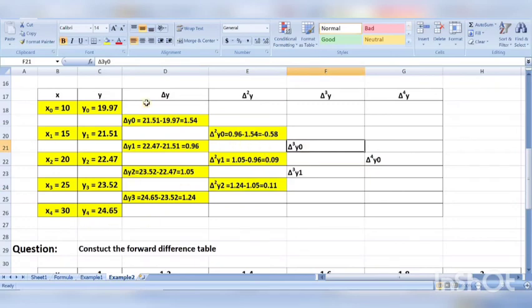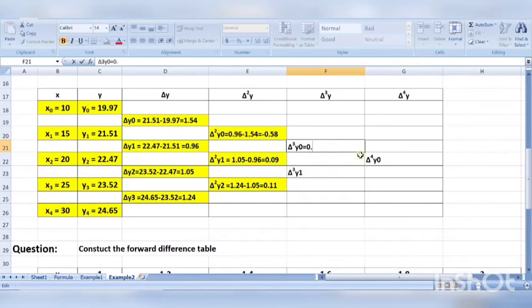Initially n equals to 4. There are 3 first order forward differences. N equals to 3, n equals to 2 second order forward differences. N equal to 1, 2 third order forward differences, and last one is delta raised to 4. So let us calculate this next. Directly from this column we will pick up this value. So it is delta square y1 minus delta square y0.